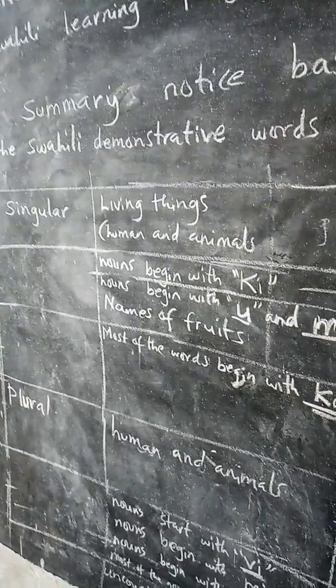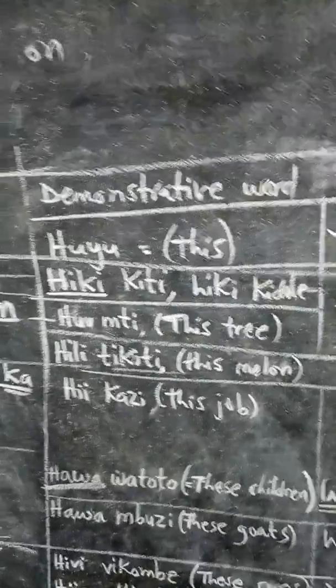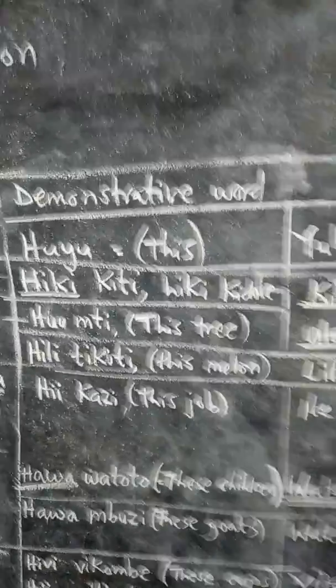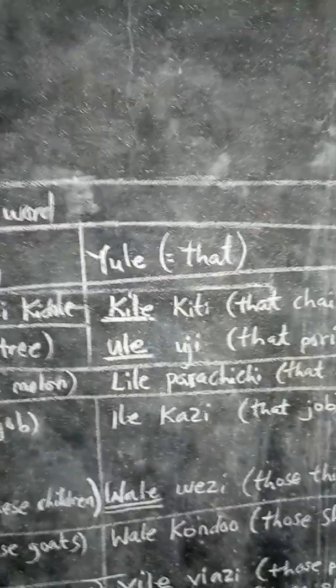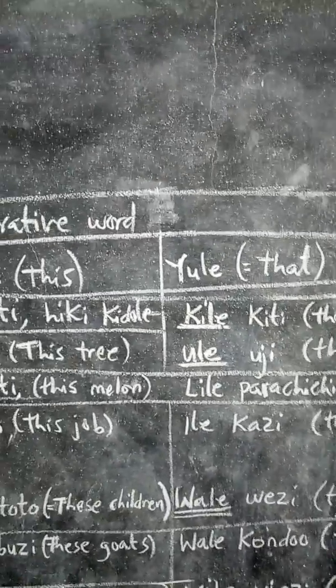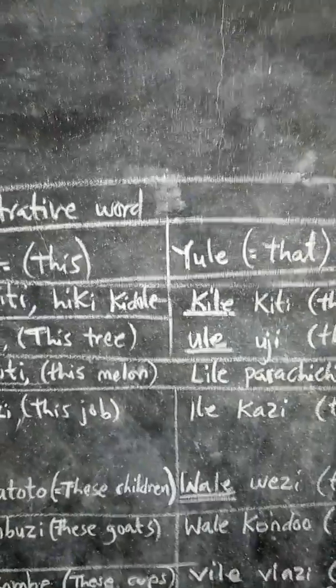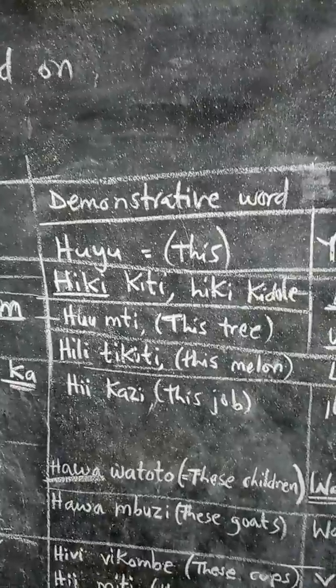Now, for living things, human and animals, we have the demonstrative words for them. Huyu means this. Huyu means this for living things, such as a cow. We say huyu ng'ombe. Yule is that. This is for living things, such as animals and human beings, not plants. Only animals and human beings. We use huyu to mean this, and yule to mean that.